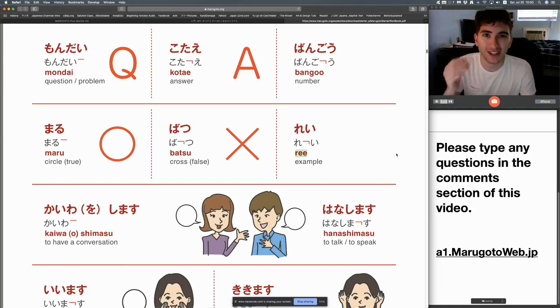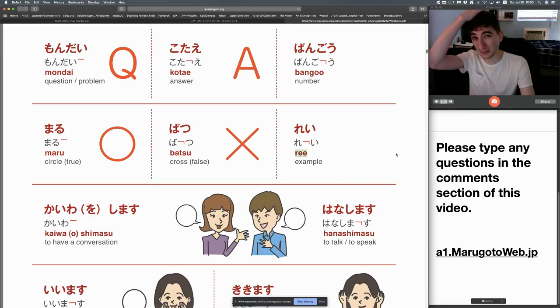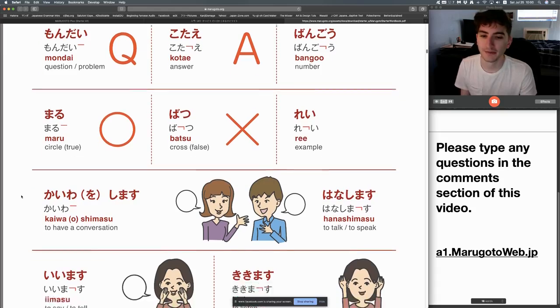I hope I'm describing this correctly. There's actually plenty of videos and articles online of how to do the Japanese R, right? It's not the same as the English R. This is not re, this is re, right? For the word example, rei, okay?